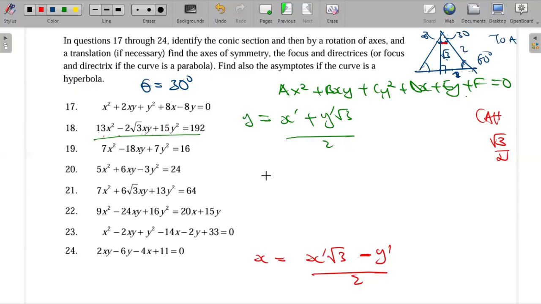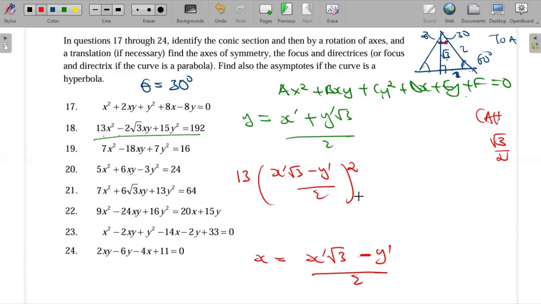But for the sake of it, we can replace. So that is 13. Let's start with the first one. So x squared, meaning I get x here. Your x is just x prime root 3 minus y prime over 2, then I have squared there.